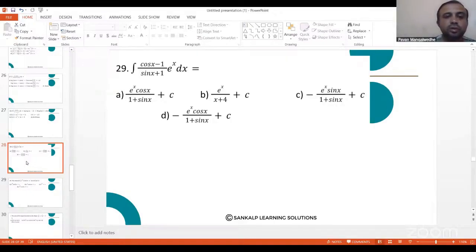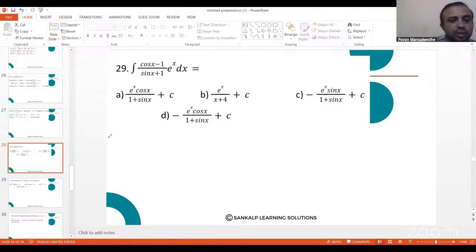Cos x minus 1 upon sin x plus 1, e raised to x. So rewrite it, just a minute.